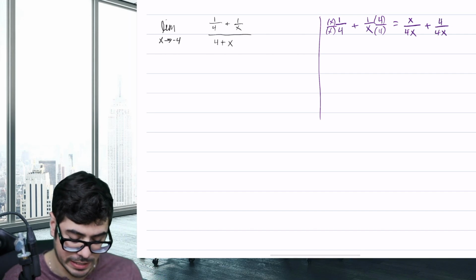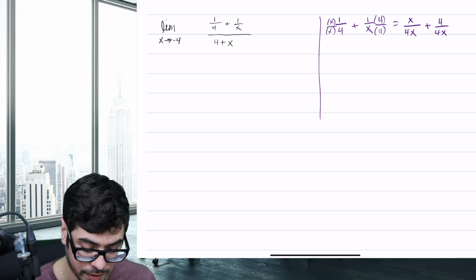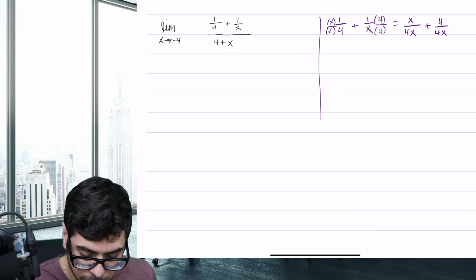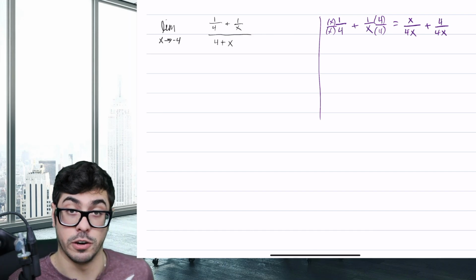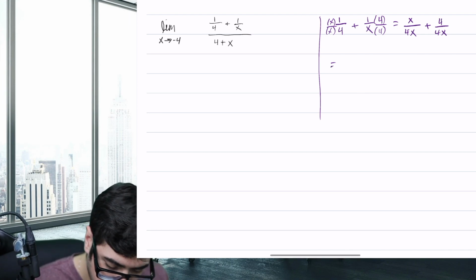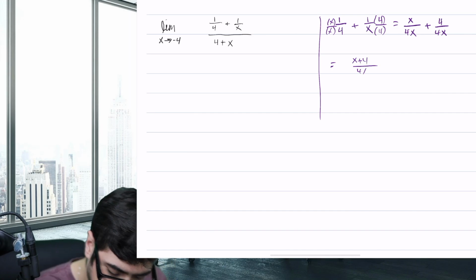So I've successfully made the denominators the same. I found a like denominator, and now I can just add the tops. I can rewrite these two fractions as a single fraction over a common denominator, which gives me x plus 4 over 4x.